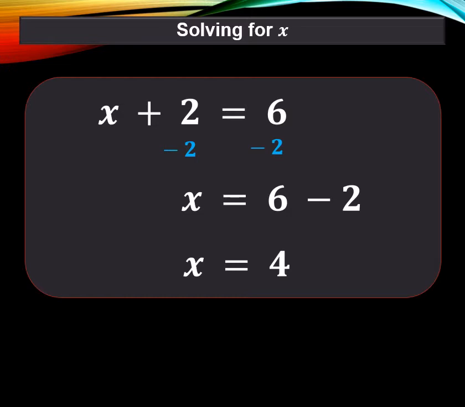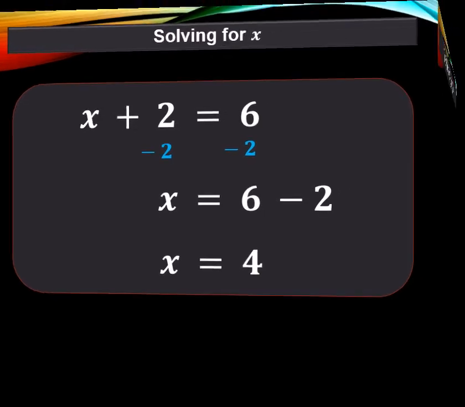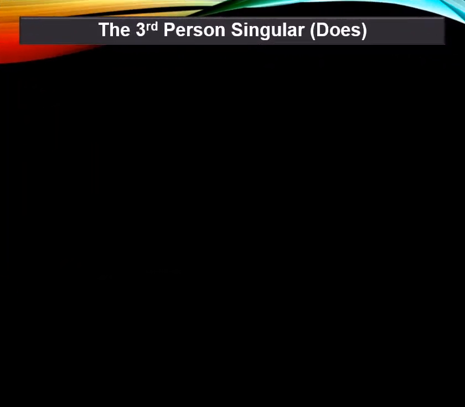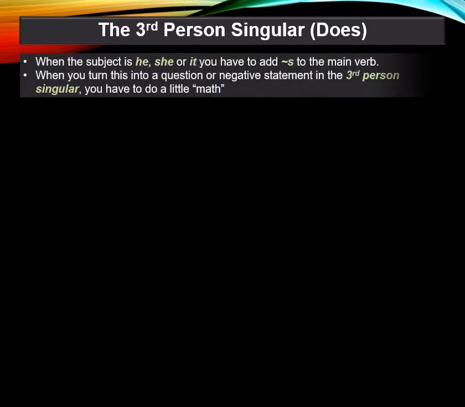Now, why do we need to know this for English? What do you do with the third person singular, does? When the subject is he, she, or it, you have to add s to the main verb. When you turn this into a question or negative statement in the third person singular, you have to do a little math.